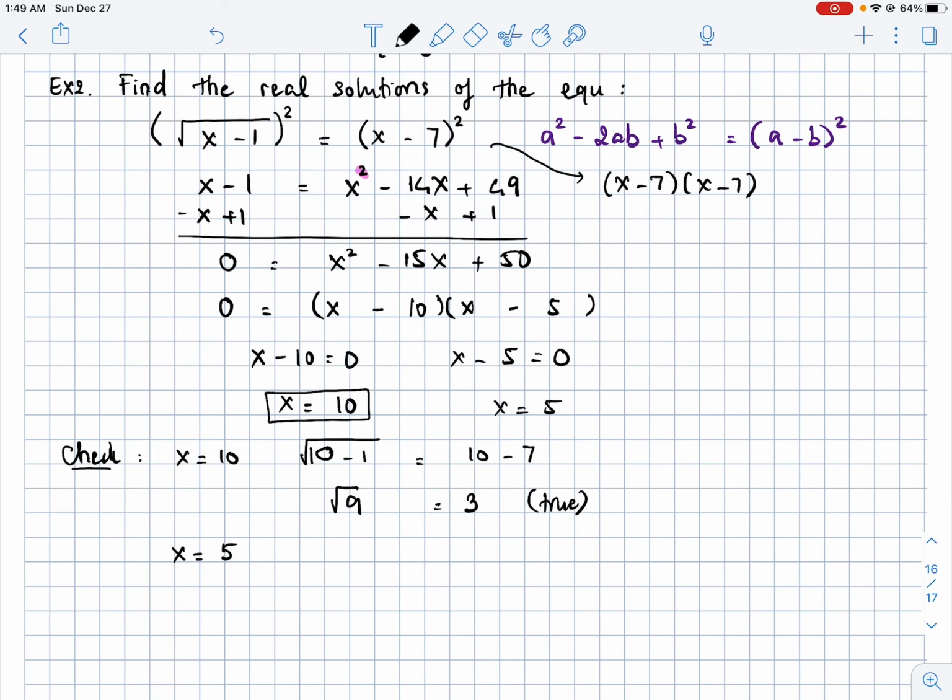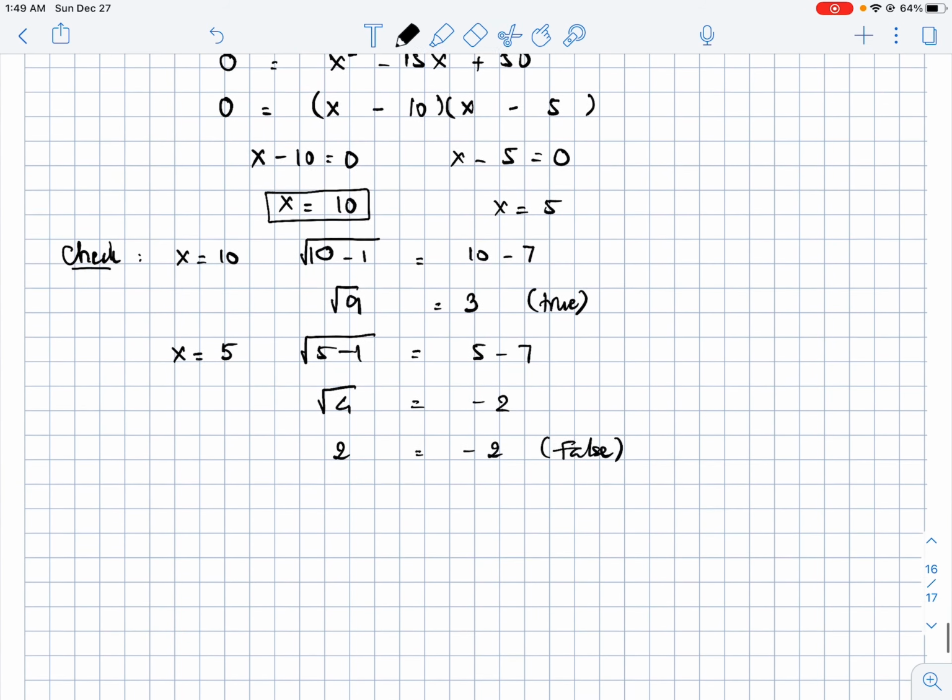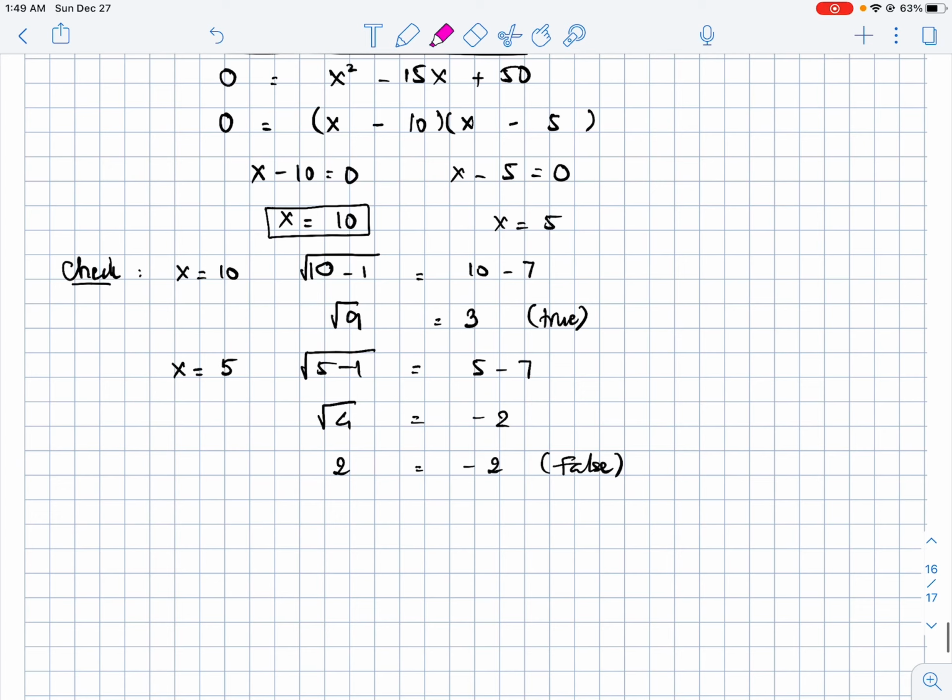Now we try x equals 5: the square root of 5 minus 1, and 5 minus 7. 5 minus 1 is 4, and the square root of 4 is 2. The other side, the answer is negative 2, and this is not a true statement, this is a false statement. We need to eliminate x equals 5. The solution set is 10.